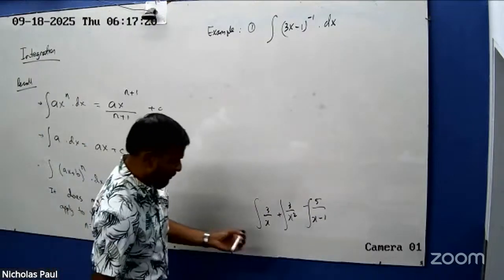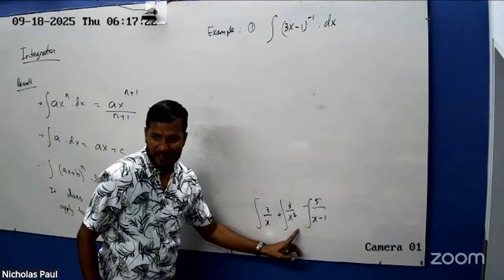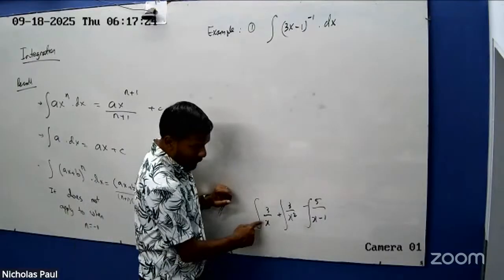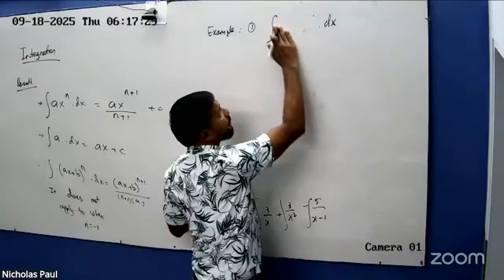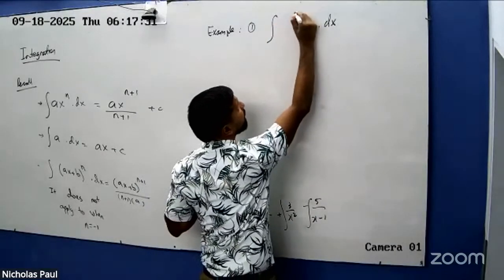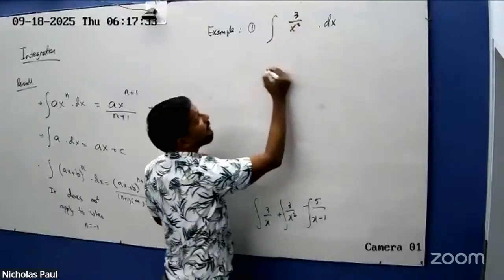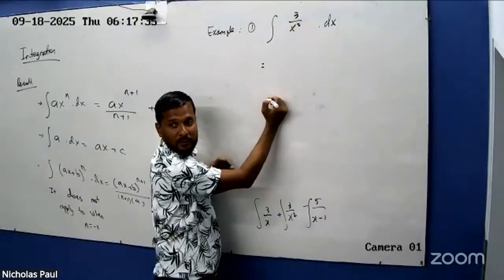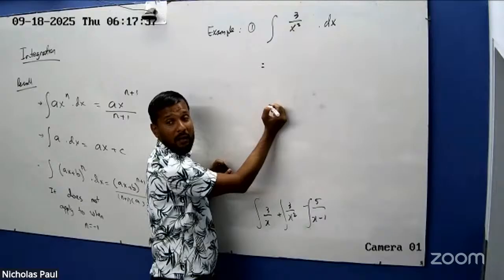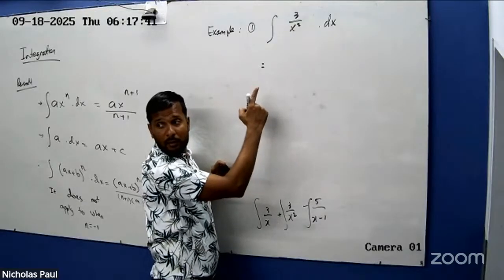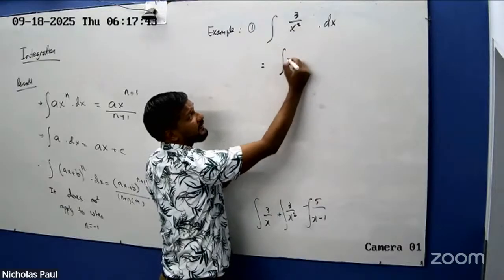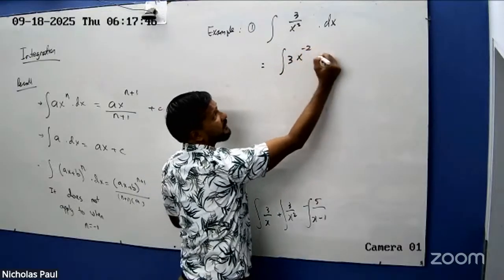But let's just take a look at this. Can we integrate this? Right, we could come into this one just now. Can we integrate 3 over x squared? What you could do, right, so you could write it as 3x to the -2.